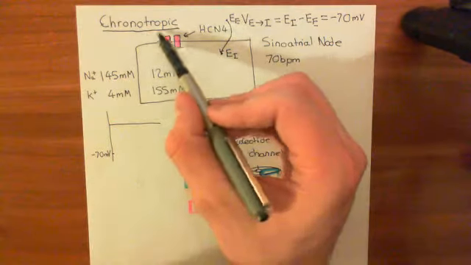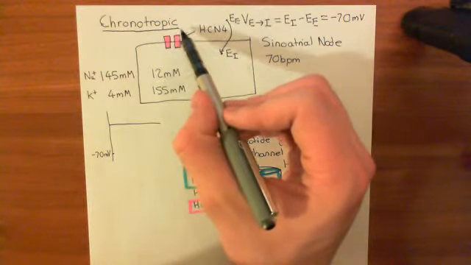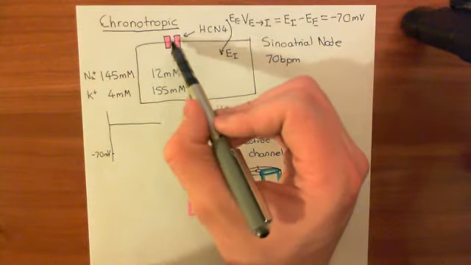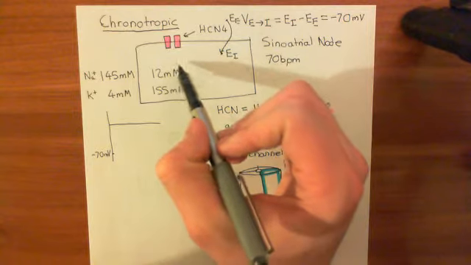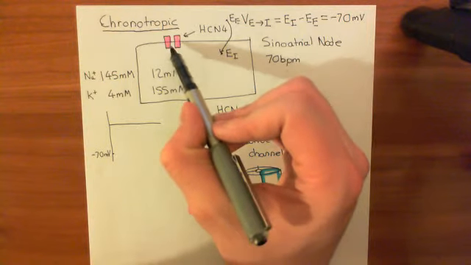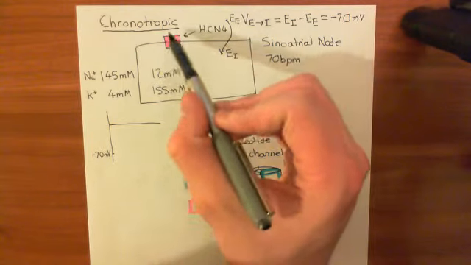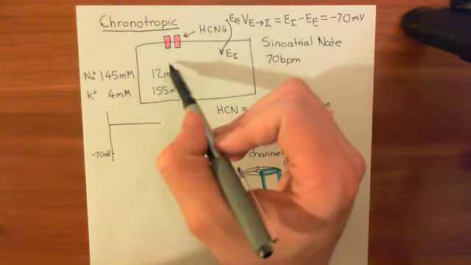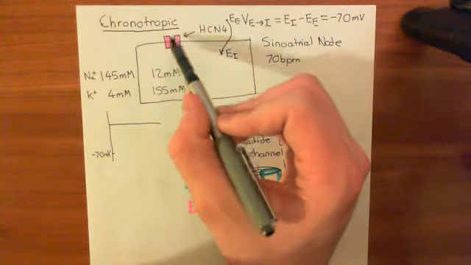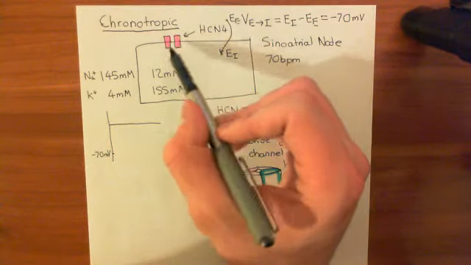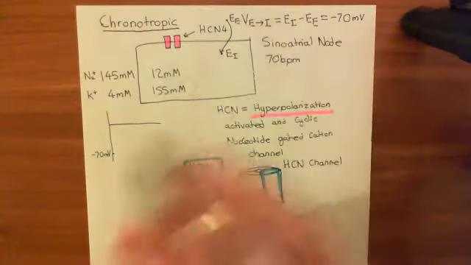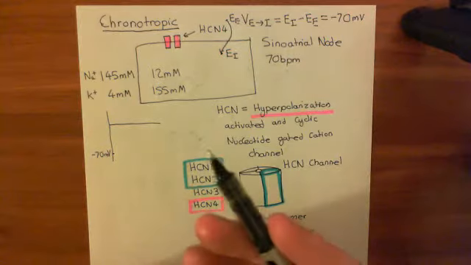That means that sodium is 12 times more likely to hit from the extracellular side and go in than it is for a sodium ion to hit from the intracellular side and go out. So you're going to get a net movement of sodium in, just from the concentration gradient.